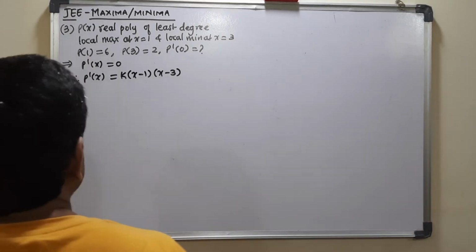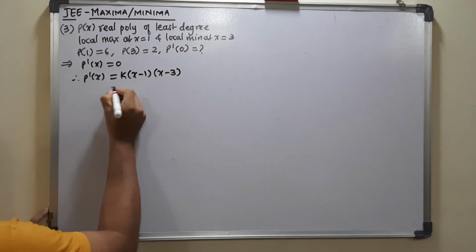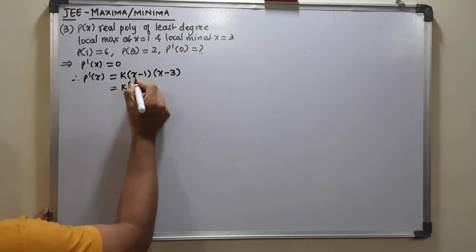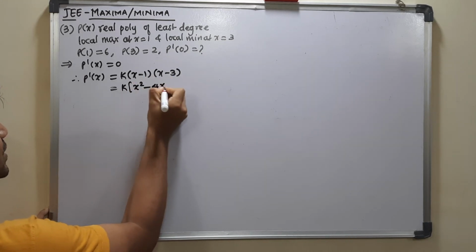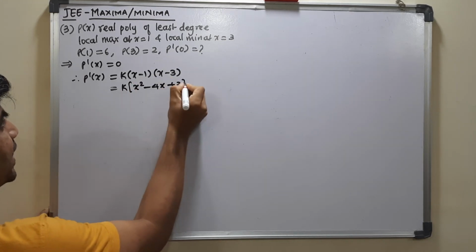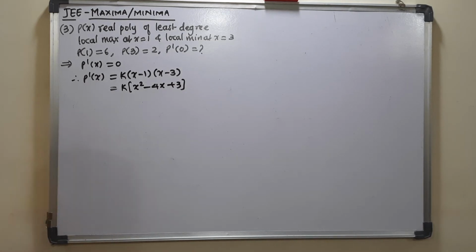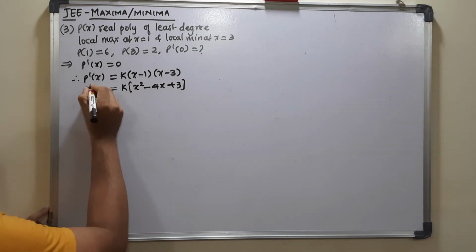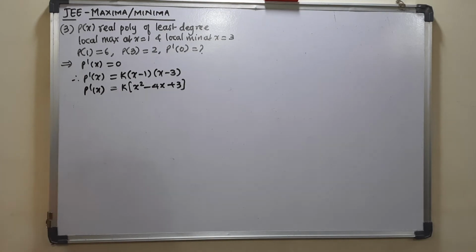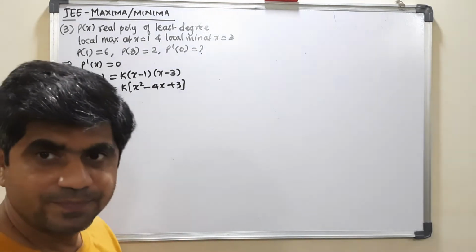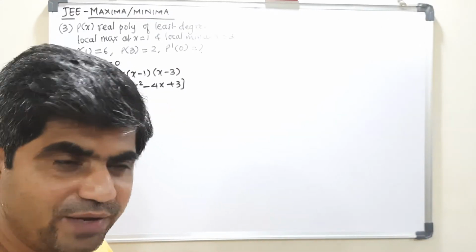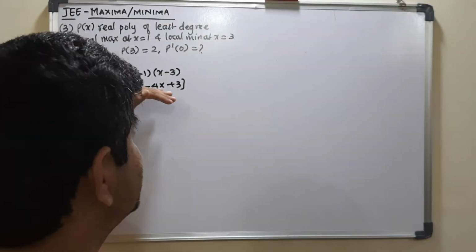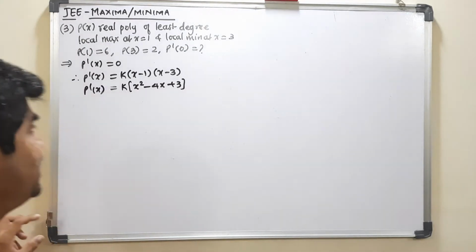So when you solve this, I am not going further first. Let me solve this only. So I get this as x square minus 4x plus 3. Correct? Yes. This is your p dash x. That means the derivative of p will be this thing. Now to get p of x, that you know very well, if the derivative is this, to get p of x I need to integrate.